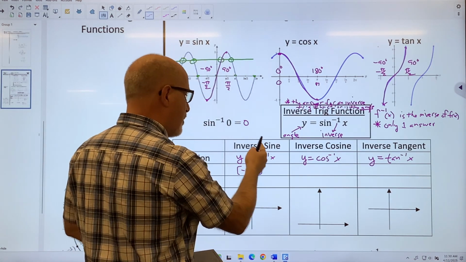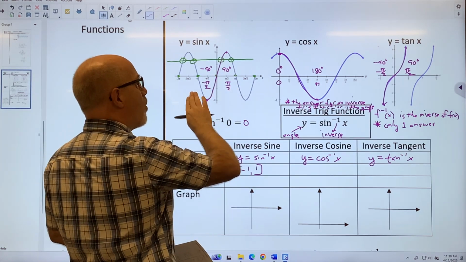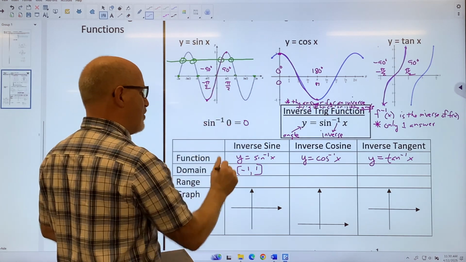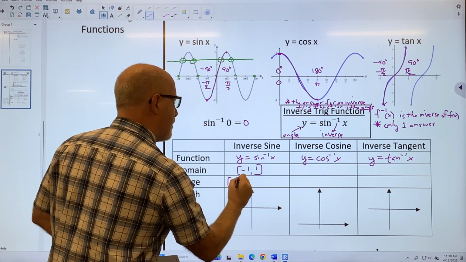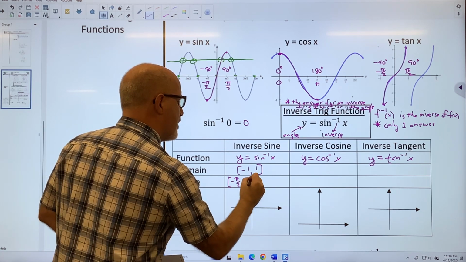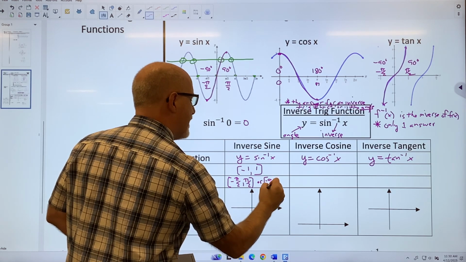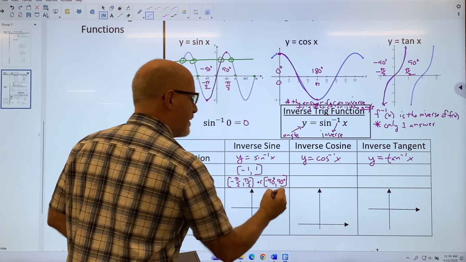All right, so for the sine, notice that the range, the y values, go from -pi/2 to pi/2 if we're dealing with radians. Or if we're dealing in degrees, it goes from -90 degrees to 90 degrees.